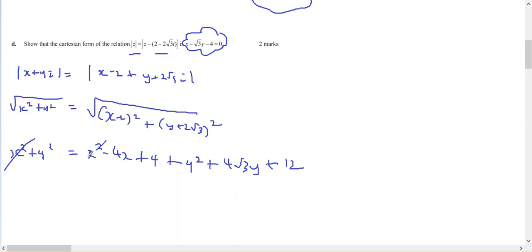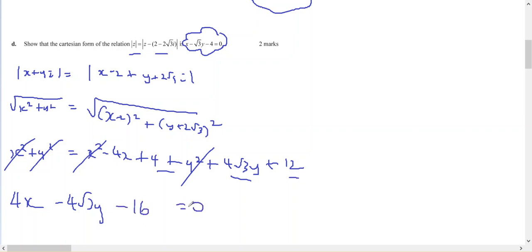X squared sums. So I've got, if I move everything to the left-hand side, 4x, that moves over minus 4 root 3y, that plus that 16, minus 16 equals 0. And if I divide everything by 4, x minus root 3y minus 4 equals 0, and that's done.